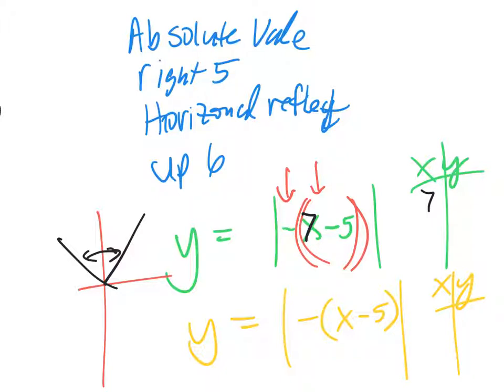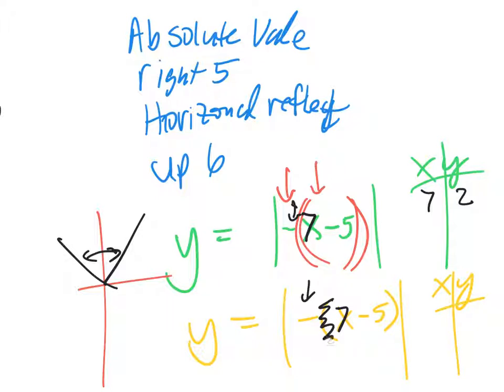Like if I stuck in a 7, let's see what I get on this green function. 7 minus 5 is 2, and then I make it negative, and then you know what? It doesn't matter if I make it negative, right? So then 2 or negative 2, the absolute value of it comes out to 2. Whereas if I stick in a 7 here, I'm going to get a 2. Does it matter if I have a negative or not? Doesn't matter. Okay, but wait.